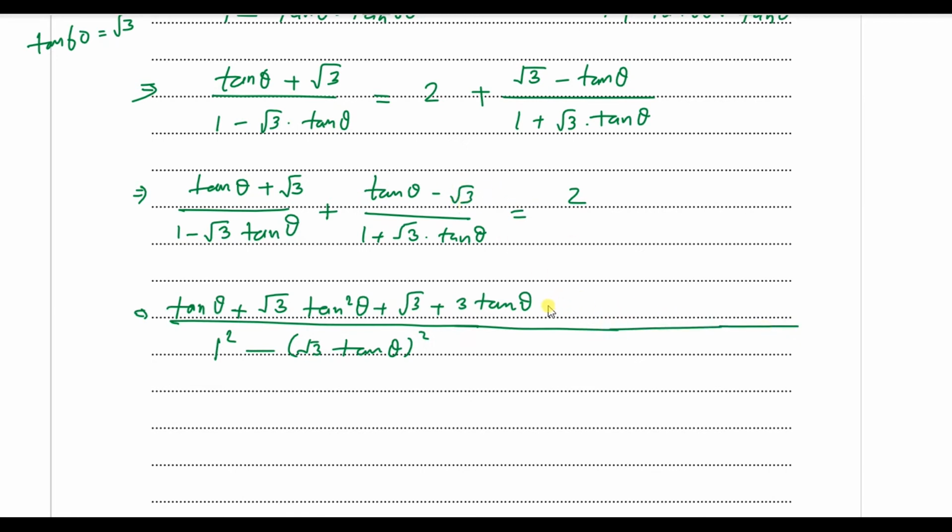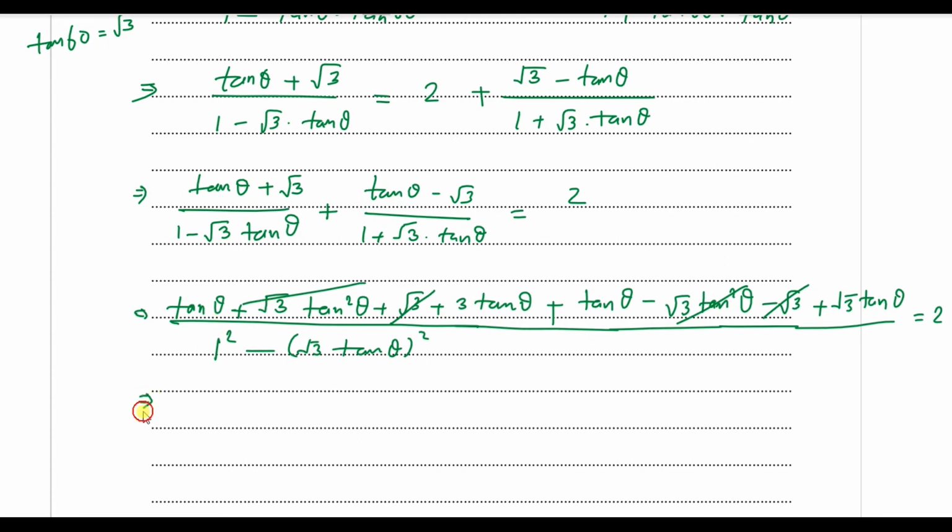So it is going to be tan theta into 1, it is tan theta. Tan theta minus tan theta into this minus root 3 tan square theta, and it is minus, so minus root 3 plus root 3 tan theta, and this whole is equal to 2. We can see they are like terms with opposite signs, so these two will be cancelled. Root 3 minus root 3 will be cancelled, and there are 2 tan theta.